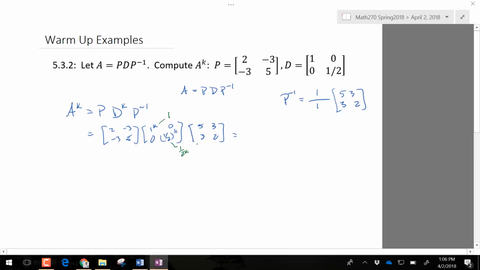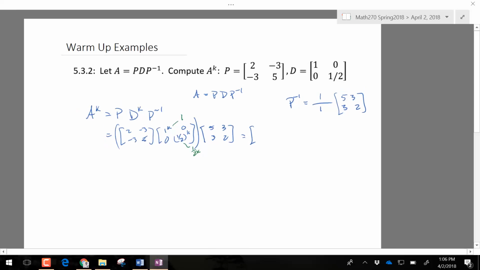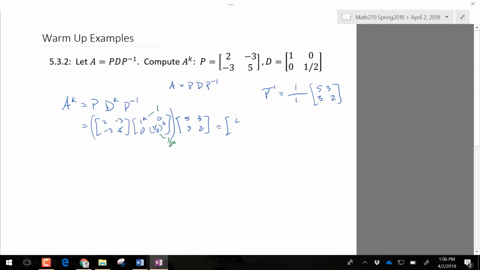Then we could do our matrix multiplication. So when we do our matrix multiplication for the first one, it's the row times a column. So we're going to do this first. That's just going to be 2 times 1 plus 0.